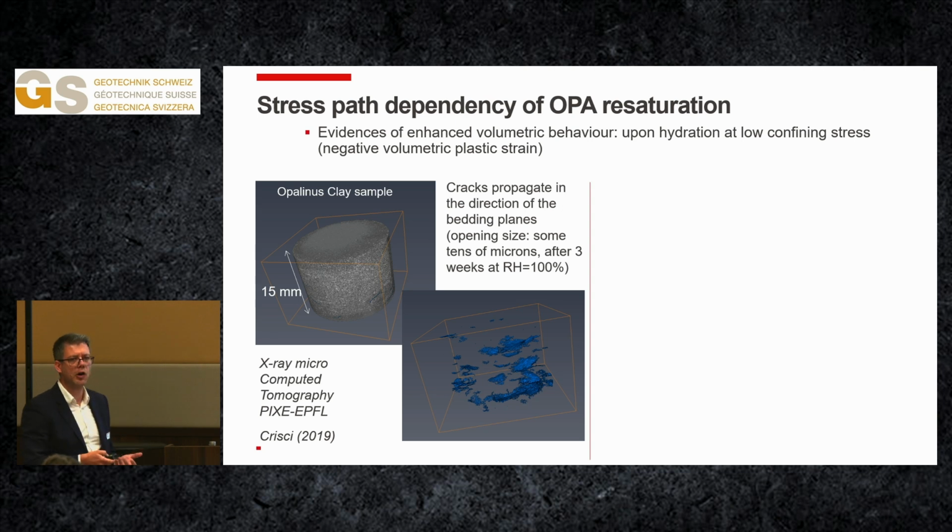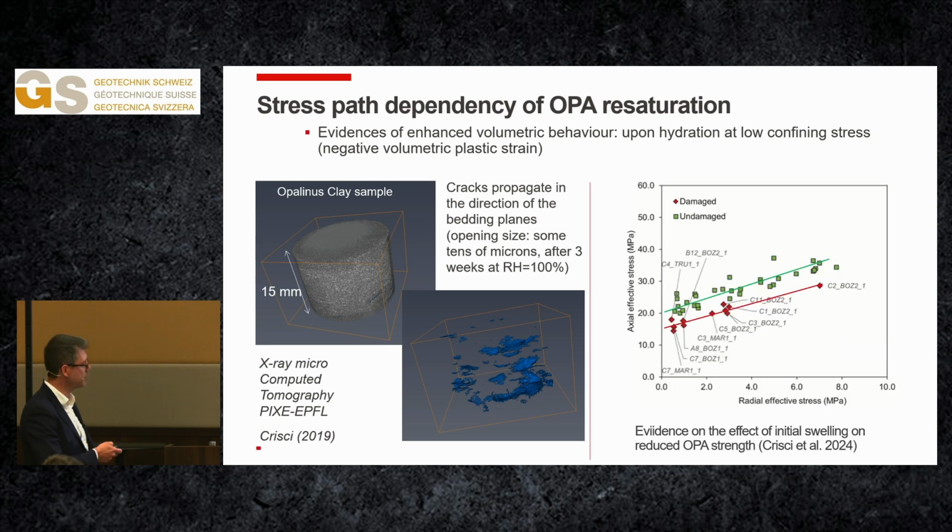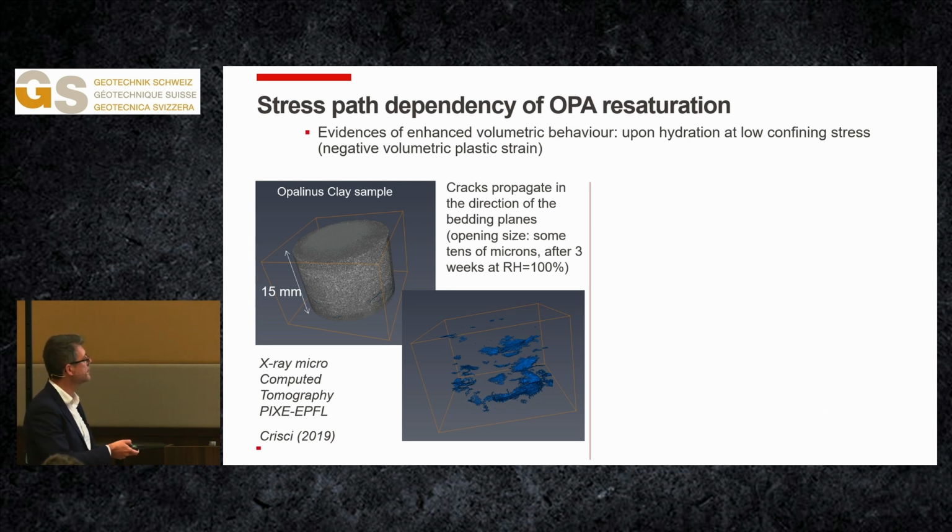The reason is quite obvious, is because those materials have bedding planes, and as soon as they hydrate without confinement, those bedding planes can open, so reducing all the mechanical properties of the material.